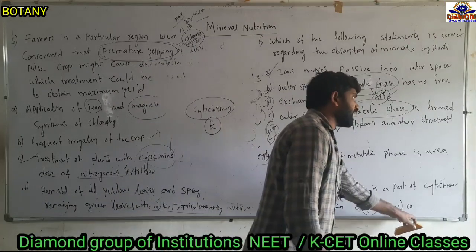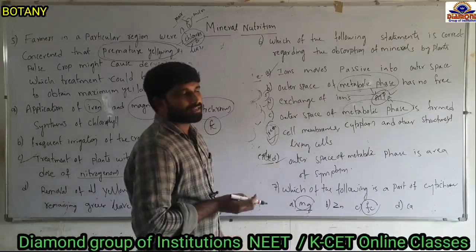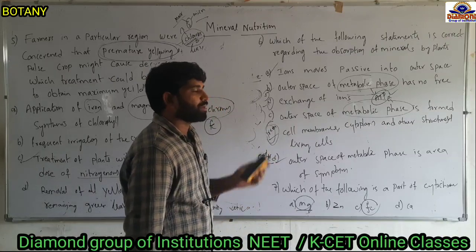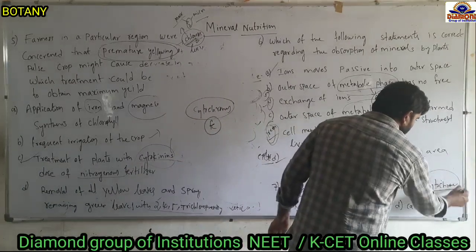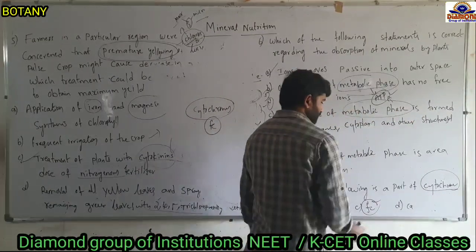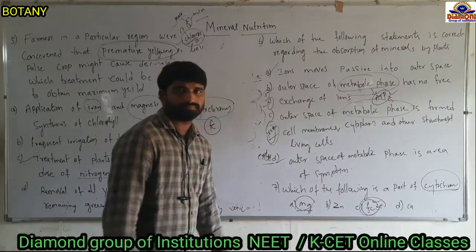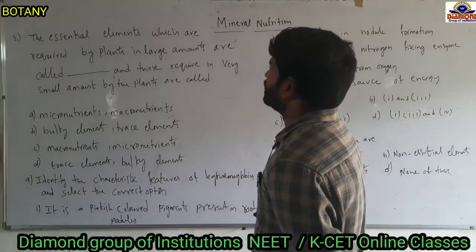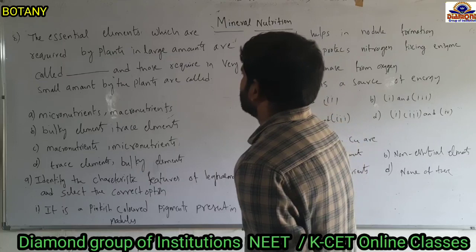And calcium is majorly used for the synthesis of the cell wall as the middle lamella, and calcium is also used for the formation of spindle fibers. So cytochromes are made up of the presence of iron and sulfur molecules. Answer C.